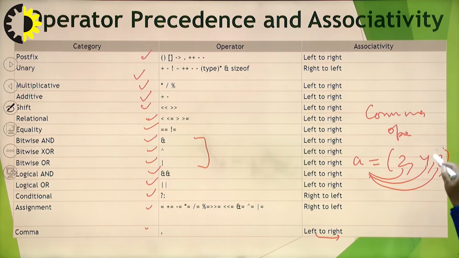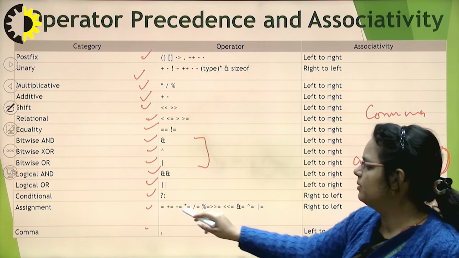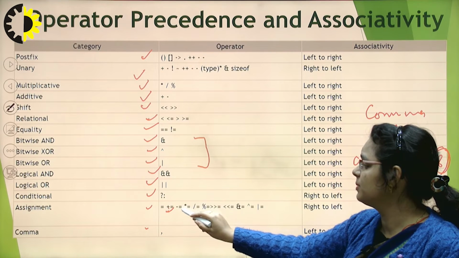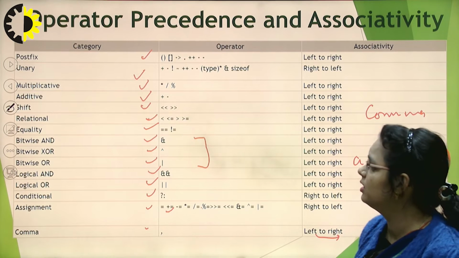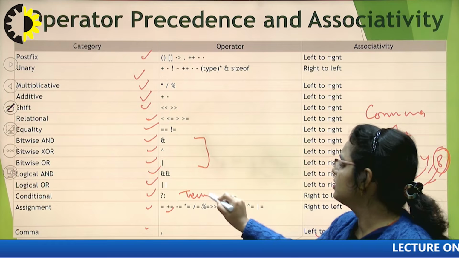So the rightmost value would be assigned to the variable A. So this is what the comma operator is. We have already discussed assignment operators: simple assignment, addition assignment, subtraction, multiplication, division, modulus, right shift, left shift, and, or, XOR, bitwise or. Clear? And the conditional operator is also known as the ternary operator. We have already discussed this.